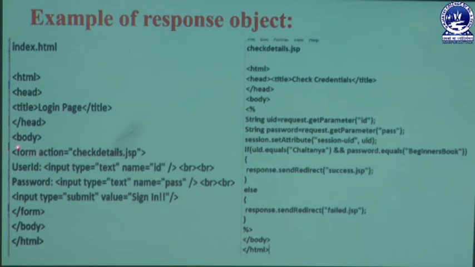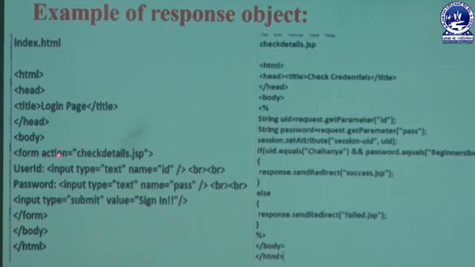In that body we are going to print some statement or some tag, the form tag. In that form tag we have an attribute like action. In that action attribute we are mentioning a specific JSP page which is related to this section, checkdetails.jsp, and this checkdetails.jsp is linked with this index.html page through an attribute that is written as the action attribute.